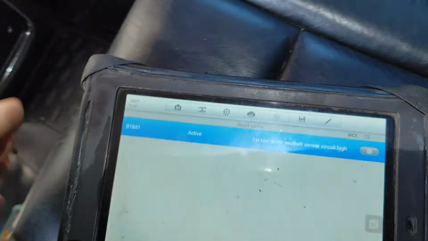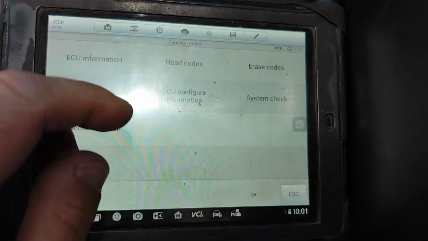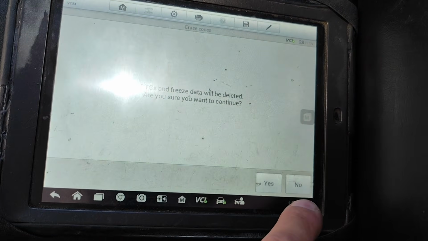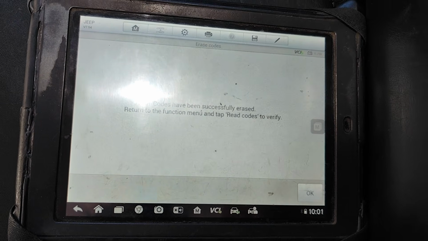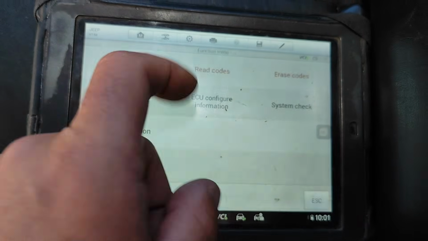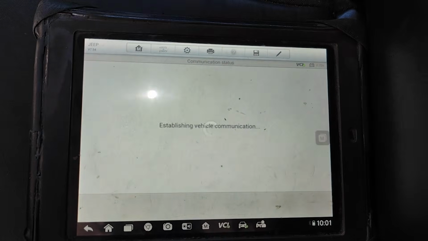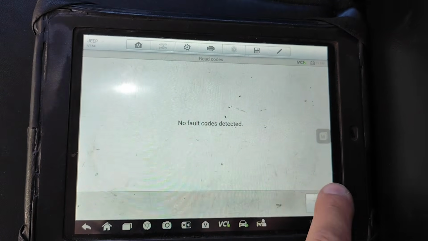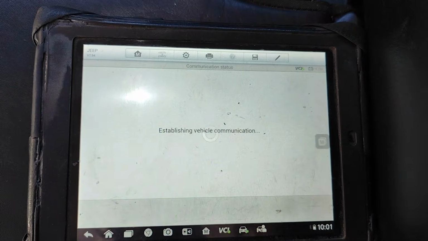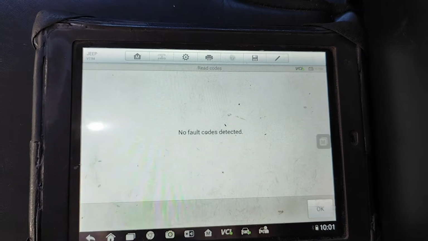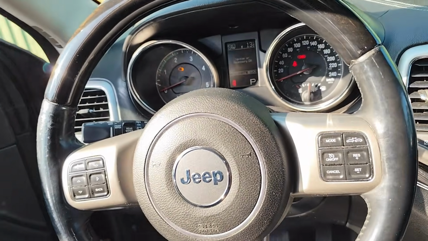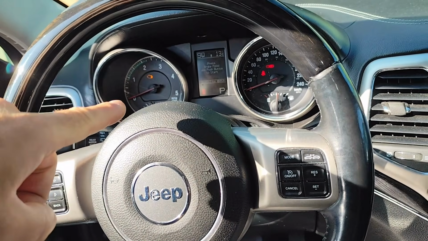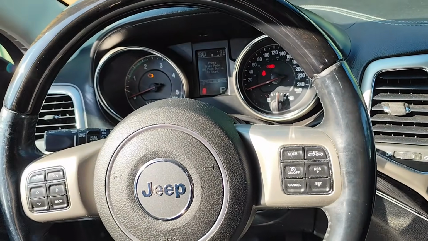So let's try to delete the fault. So our fault is gone, and the airbag light is also gone.